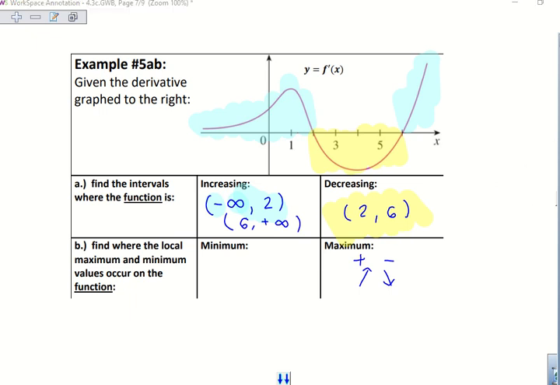It always throws me off when you have opposites. A minimum changes from negative to positive. So in this case, a minimum is going to be at 6, and then we have a maximum at x equals 2. Cool. Okay.